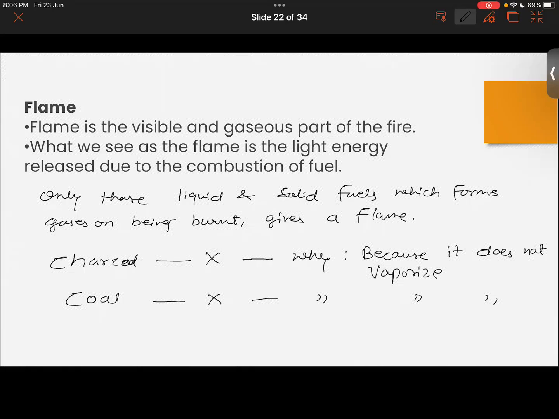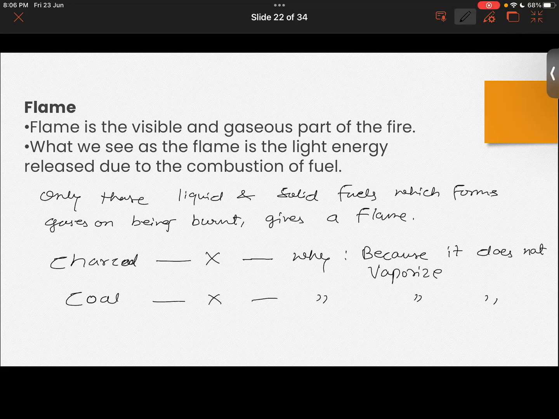All flames are not of the same color. If you see LPG gas when it burns, its color is different. Or if you burn a kerosene lamp or a candle, the color of the flame differs, isn't it?